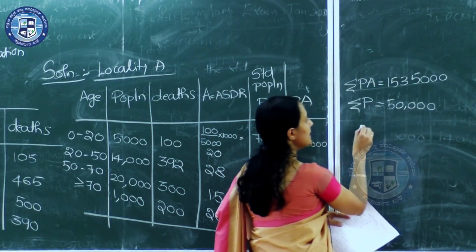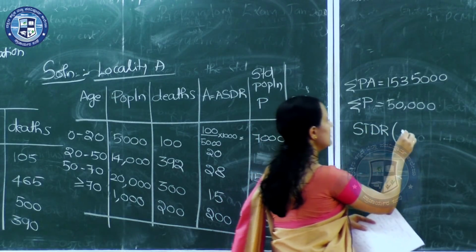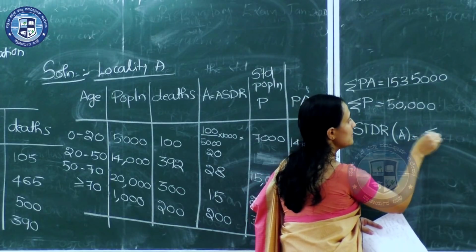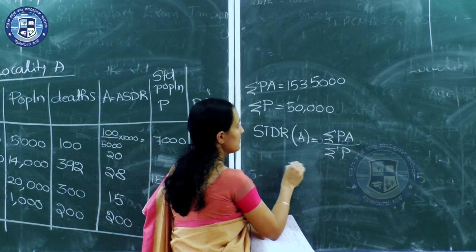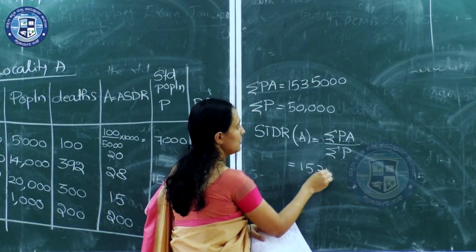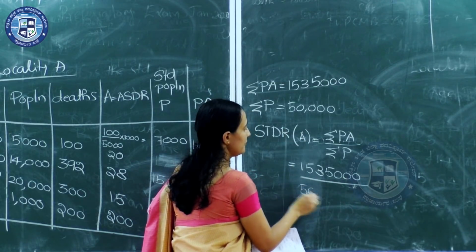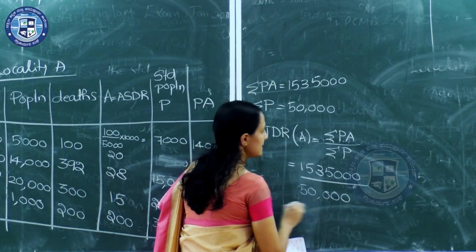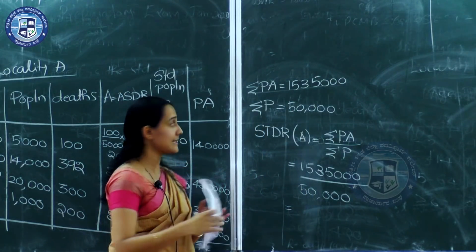So STDR of A equals sigma PA divided by sigma P. That is 1535000 divided by sigma P, which is 50,000. Into 1,000 is not here. Remember, for CDR, ASDR, everything into 1,000 is there.